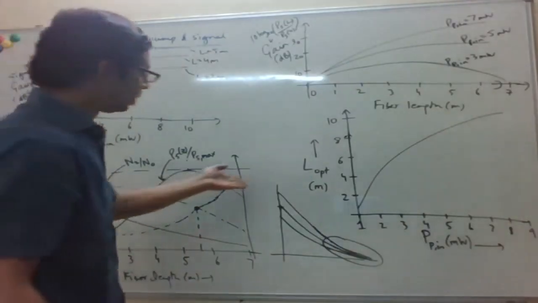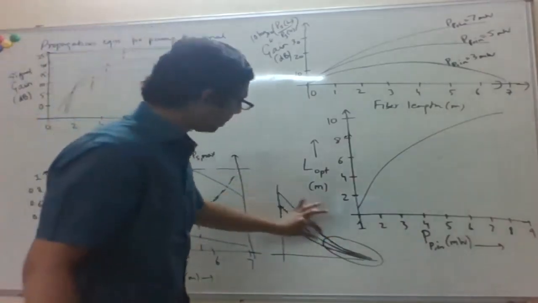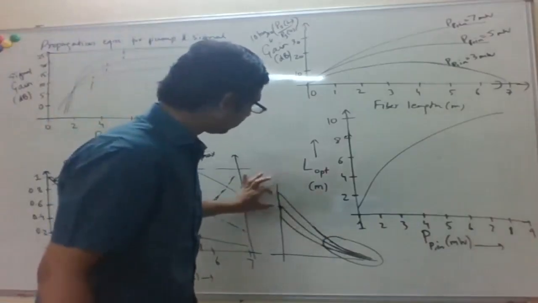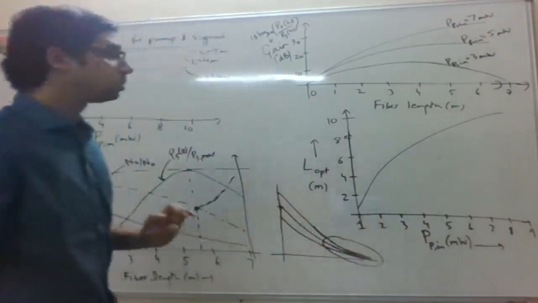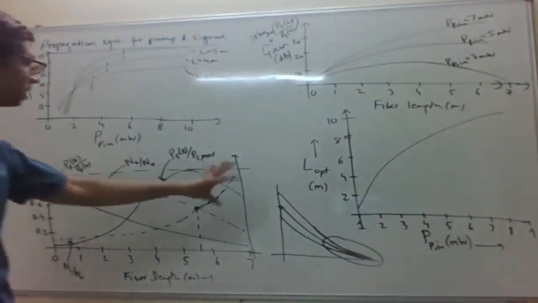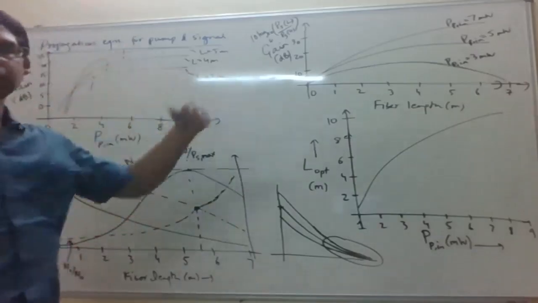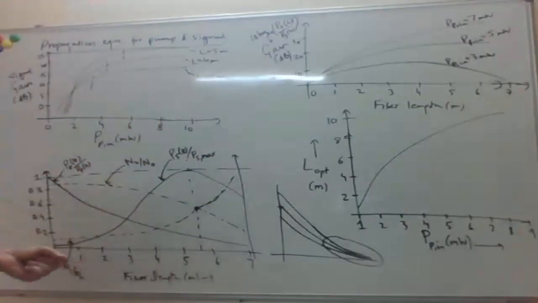The other fact is that because the pump is decaying, after some point the initial difference in pump powers goes away. Both these factors contribute to the saturation we are seeing here. Of course, this discussion is in some limits, but to get this exact plot, you have to solve the exact nonlinear differential equations.